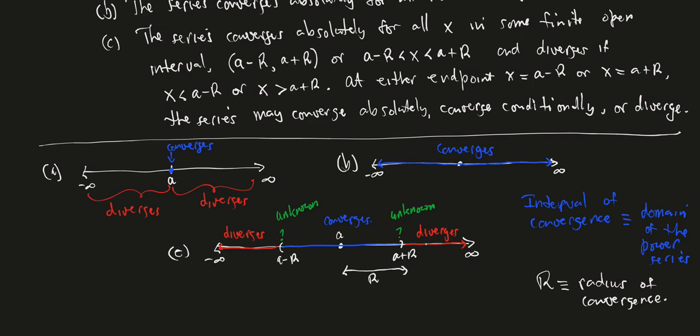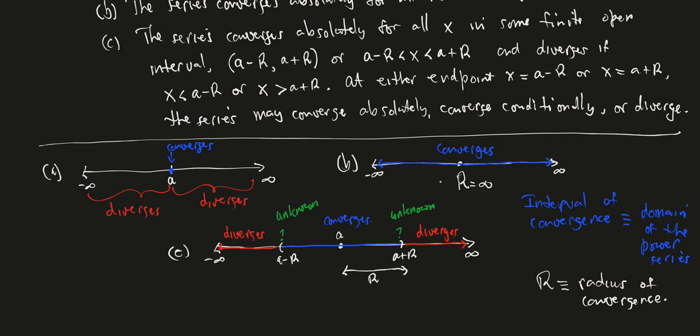So what can we say? I know R is only explicitly stated in part C, but technically, if the power series converges for all values of x, that would mean your R is infinite. In other words, the radius extends indefinitely in either direction.